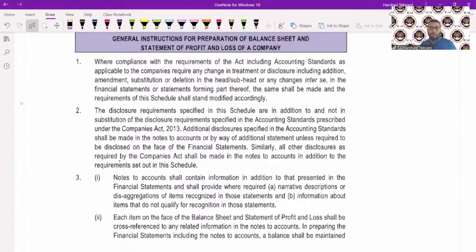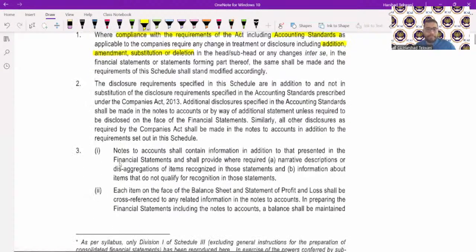Where compliance with the requirements of the Act, including accounting standards, requires addition, amendment, substitution or deletion, then it is permissible and you are required to do that. That particular change, addition or deletion should be made in that particular schedule, as required.